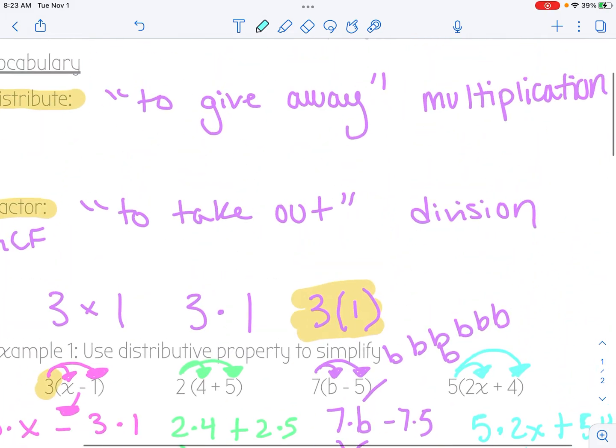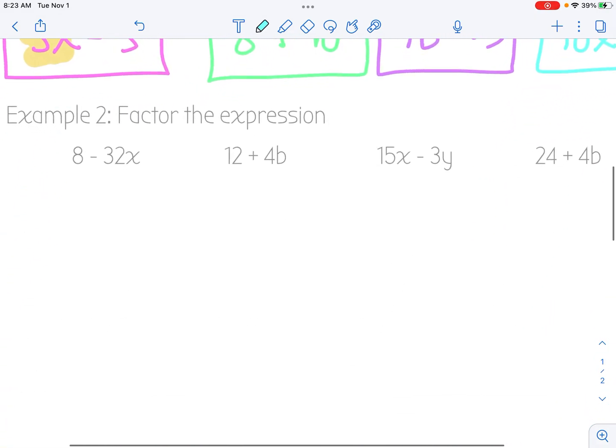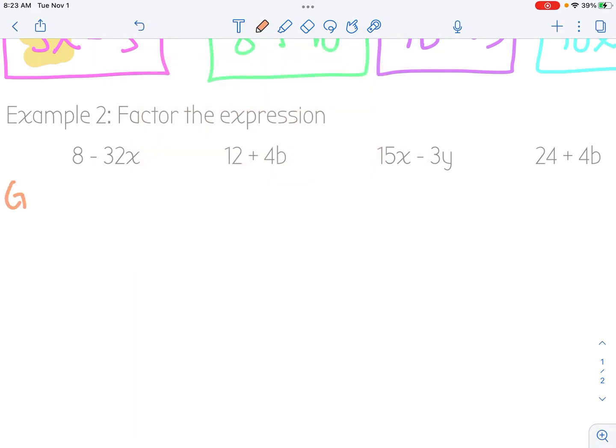So if you remember, factoring is to take out, we're using division. So what we want to do is first find the GCF, the greatest common factor of 8 and of 32. So if you guys remember, to list out factors, we make our little factor tree, include our little rainbow. So factors of 8, we have 1 and 8, and we have 2 and 4.